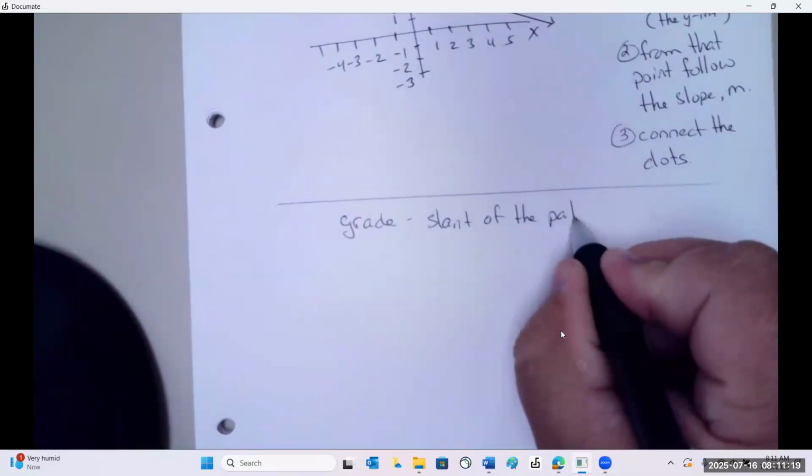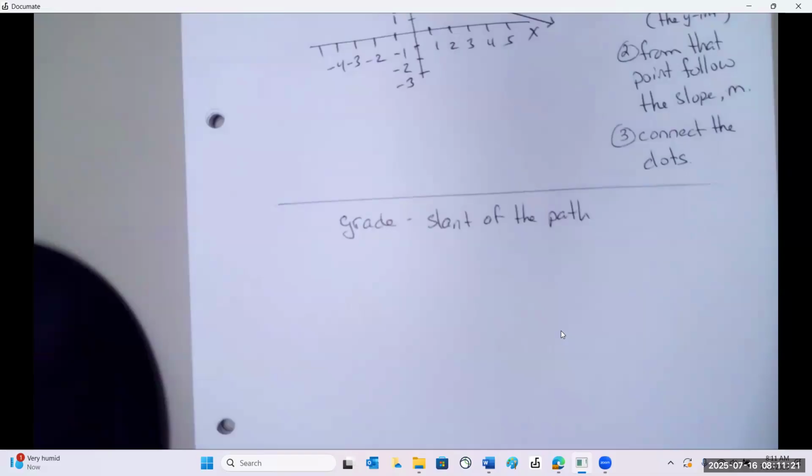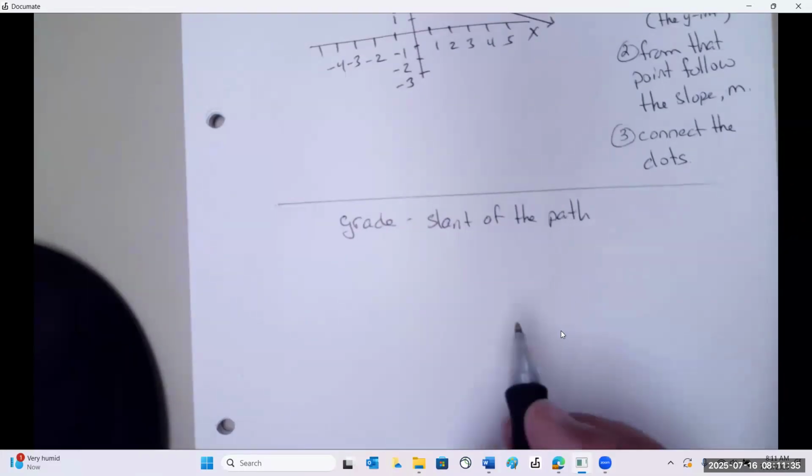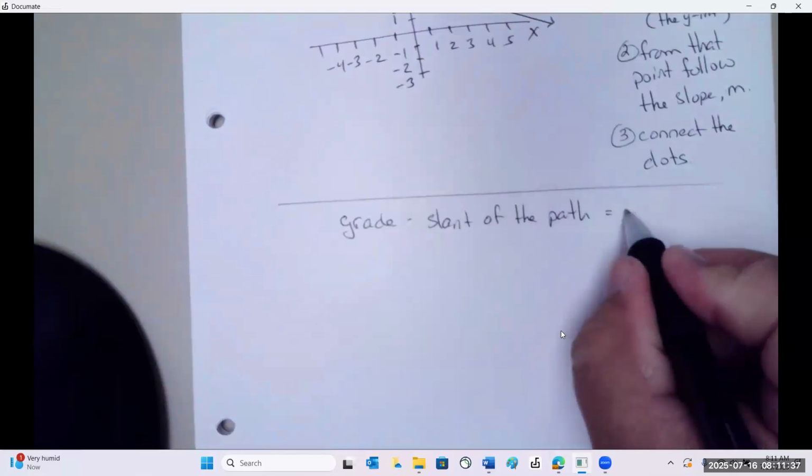of the path. I don't want to say road because it also works with, what do you call that? Ramps going outside of buildings for wheelchairs. So whenever you talk about grade, you're talking about the slope.